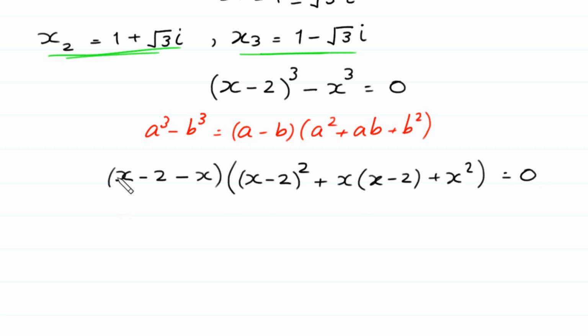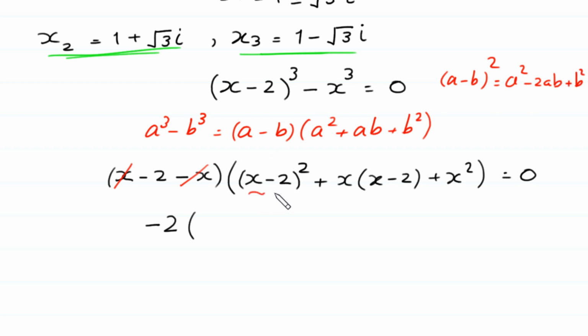Now from here this positive x will be cancelled with this negative x, and here left -2 times, according to the algebraic identity, a minus b whole squared is equal to a squared minus 2ab plus b squared.